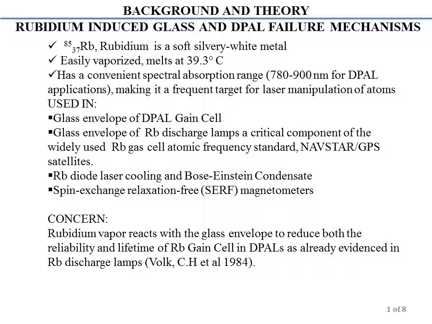And so the biggest concern is that the rubidium vapor reacts with the glass envelope to reduce both the reliability and the lifetime of the rubidium gain cell in DPALs, already evidenced by Volk et al. in rubidium discharge lamps. This work was done at the Aerospace Corporation.